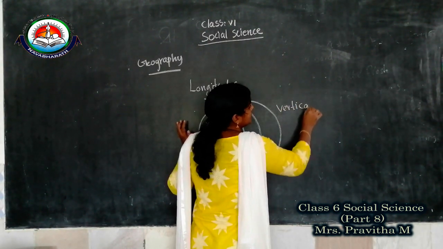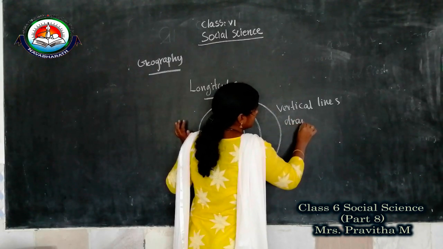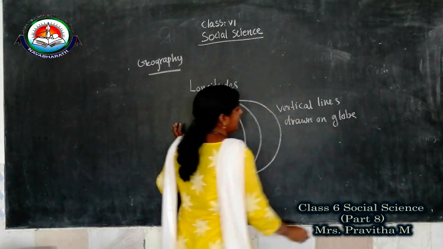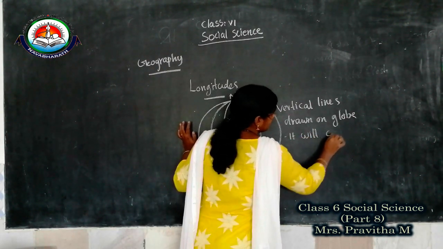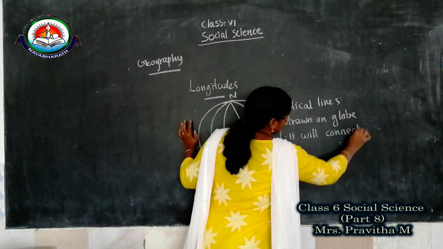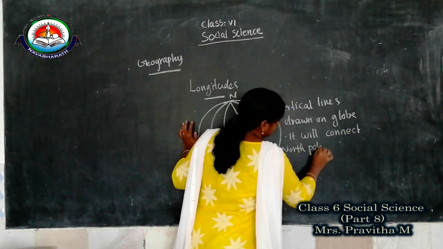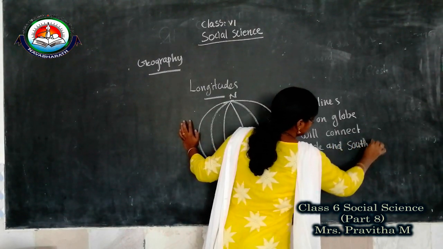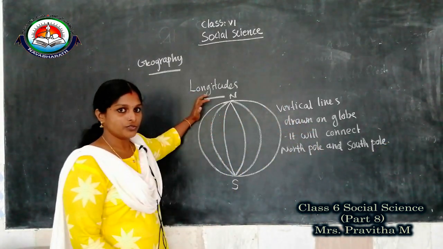Vertical lines drawn on the globe, and it will connect the North Pole and the South Pole. That is known as longitudes.